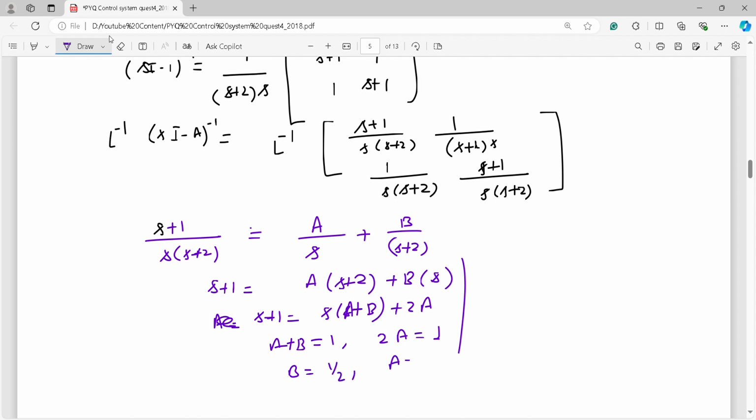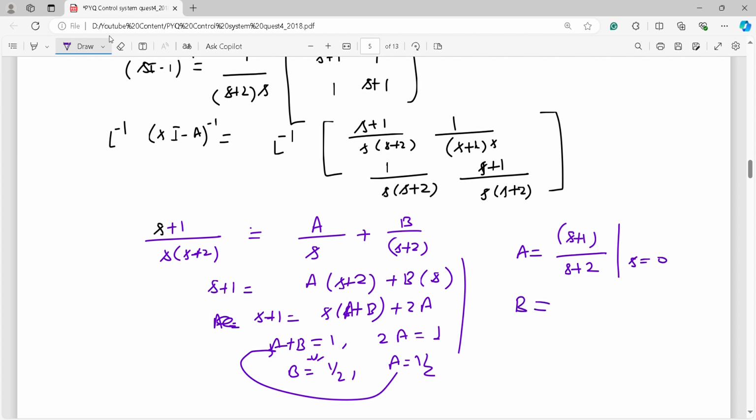Put the A here, we get the final B here. So B is 1 by 2, A is 1 by 2. For this, we can also straight away find A: s equal to 0, so put s equal to 0 in the remaining term. Similarly for B, s plus 2 equal to 0, so s equal to minus 2, so s plus 1 by s, and we put s equal to minus 2.